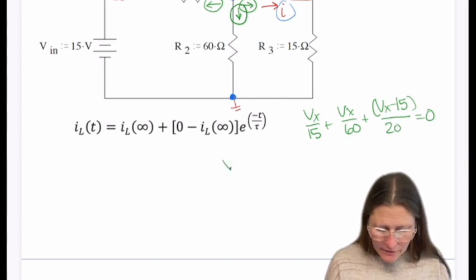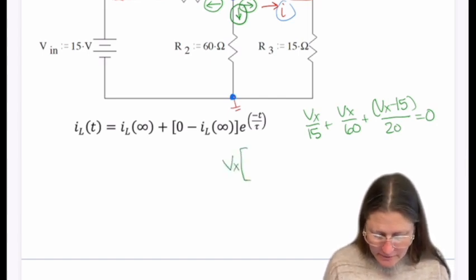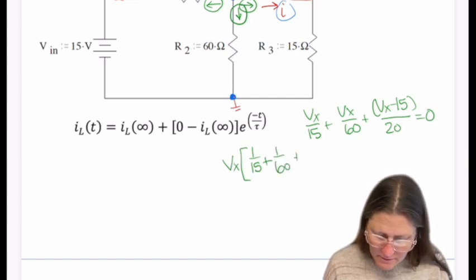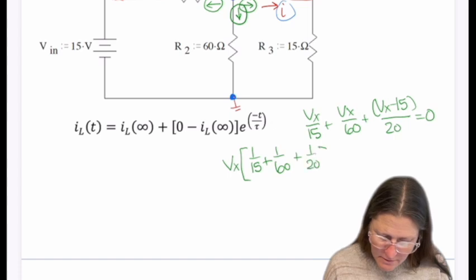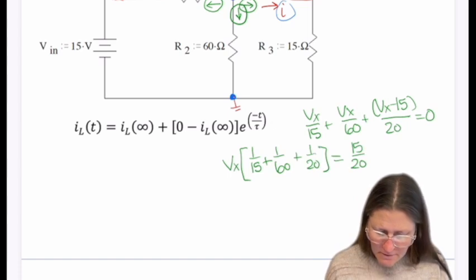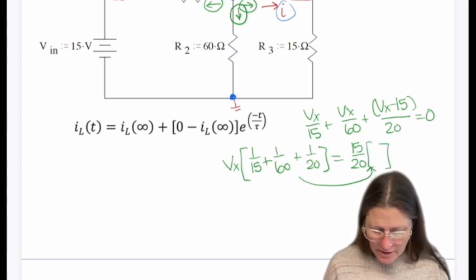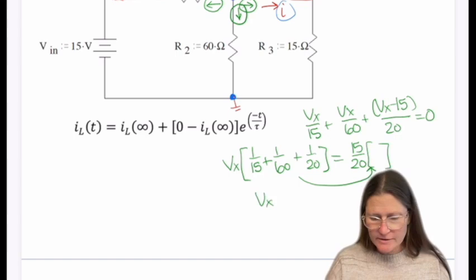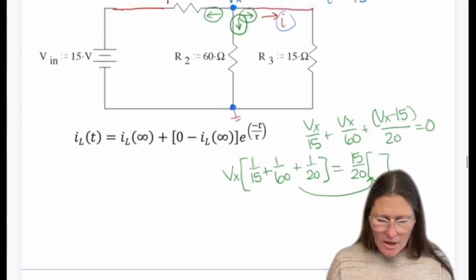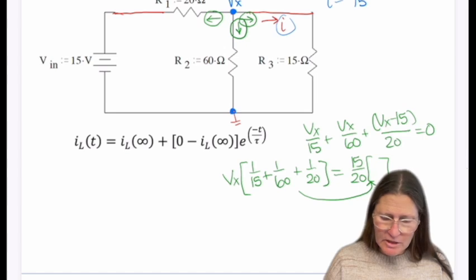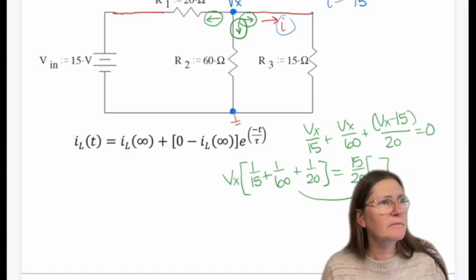And then I can solve directly for Vx. And then I just divide this over here, and I can get my value for Vx. And then I can just plug it into my I current.